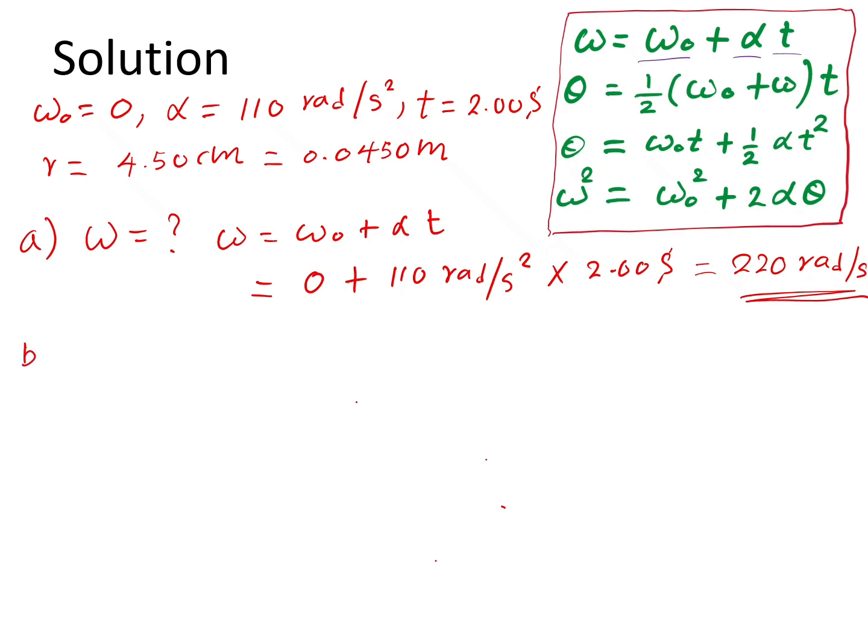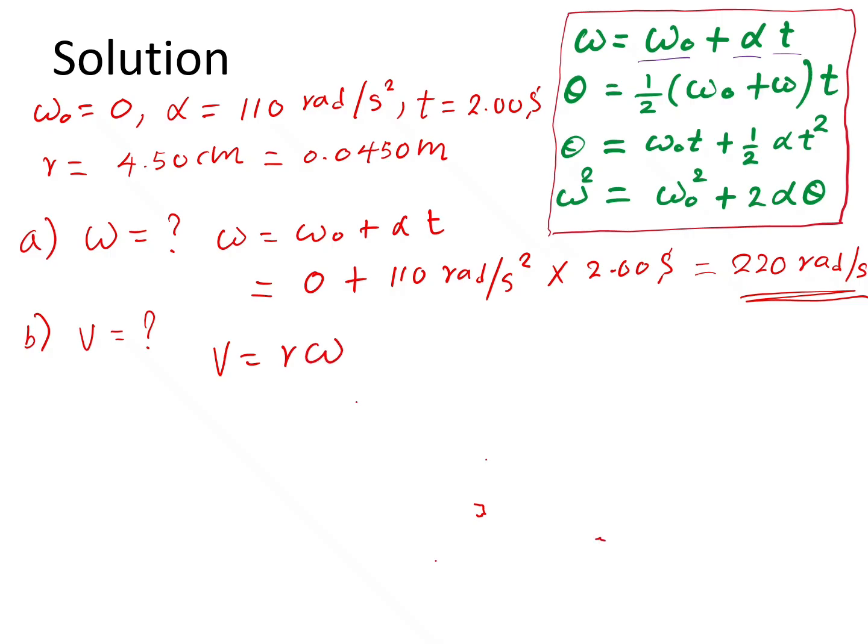For part B, we have to find the speed of the fishing line leaving the reel after the 2 seconds. So that means we need to find the linear velocity v. For that, we can use the relationship between the tangential velocity and the angular velocity. So v equals r omega.